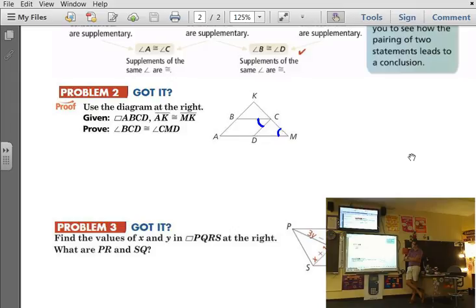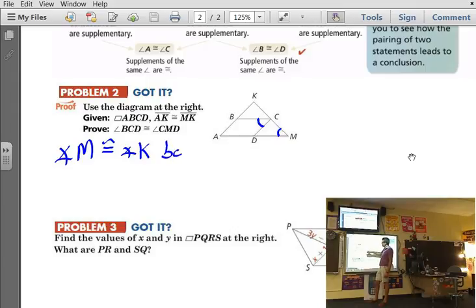Okay. Since it's isosceles, you know that angle M is congruent with angle A. So we could start by saying angle M is congruent to angle K, and both of those are specific enough we can name them with just the individual point. Because, why? Isosceles. Yeah, because AK is congruent to MK.